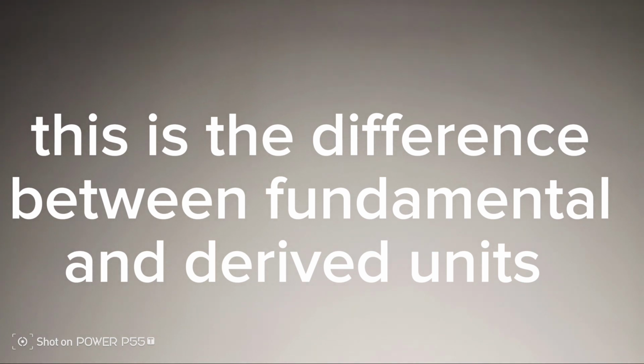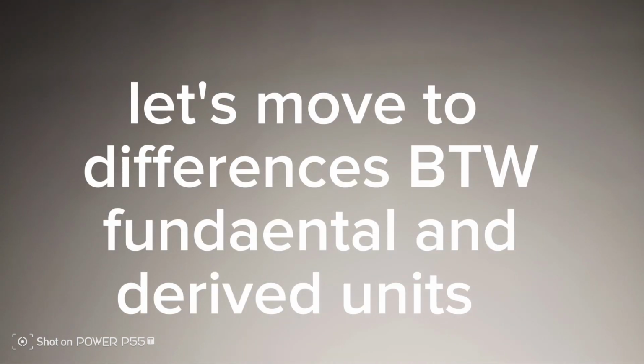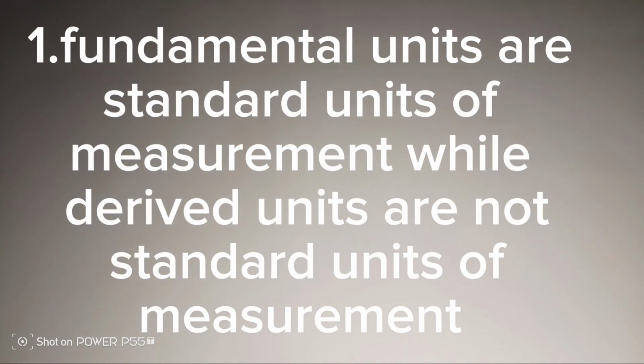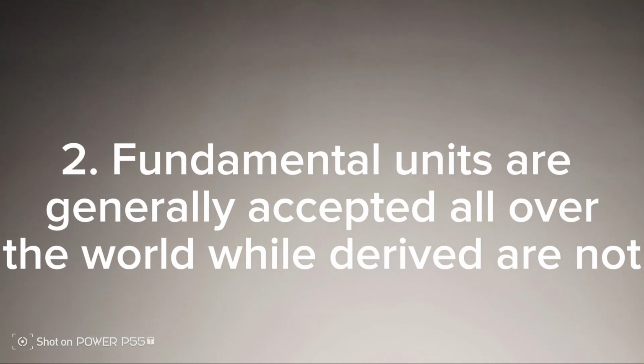So now let's go to the differences between fundamental and derived units. Number one, fundamental units are standard units of measurement, while derived units are not standard units of measurement. Number two, fundamental units are generally accepted all over the world, while not all derived units are generally accepted.